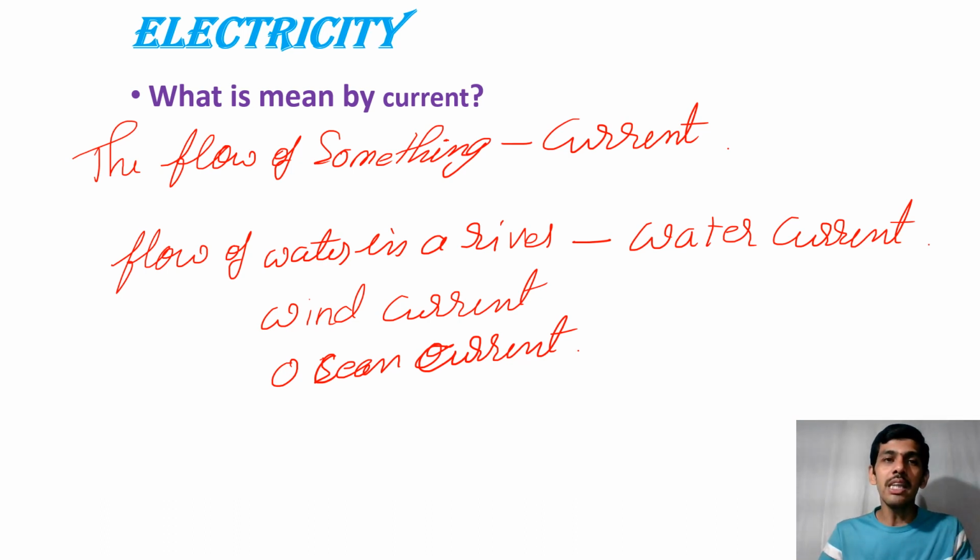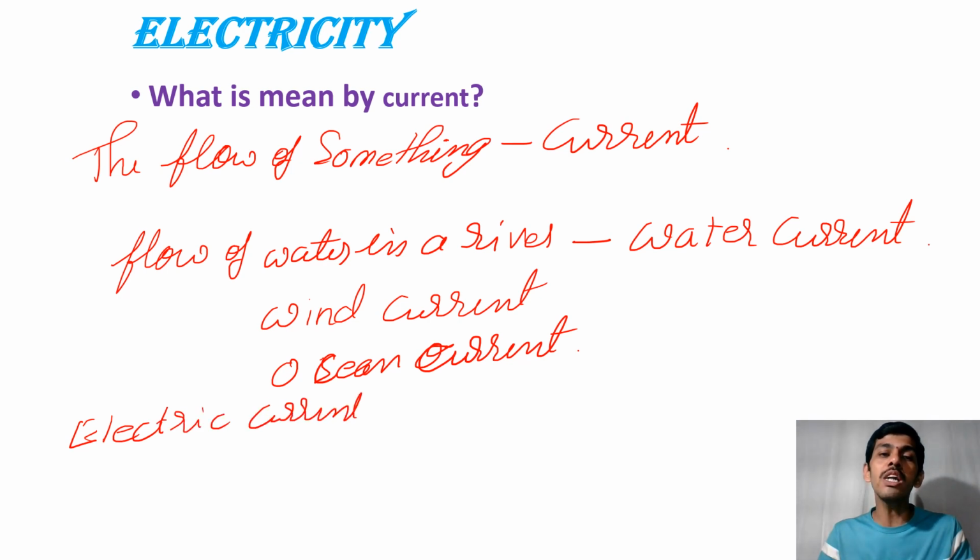So in this particular chapter of electricity, we are going to discuss the concept of electric current. What is the matter which is flowing here in electric current? The name itself indicates it is electric.